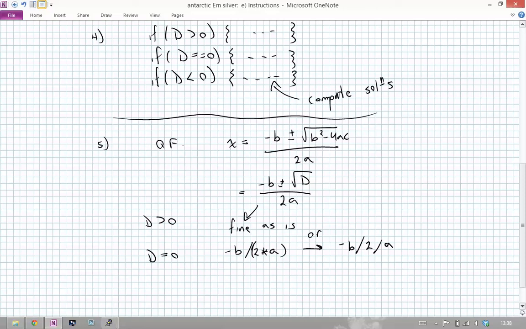Something else to worry about here. Do I have to worry about getting integer division versus regular division in this expression? Do I have to worry about it? It depends. For example, do I have to put a 2.0 in there or something to make this thing behave correctly?